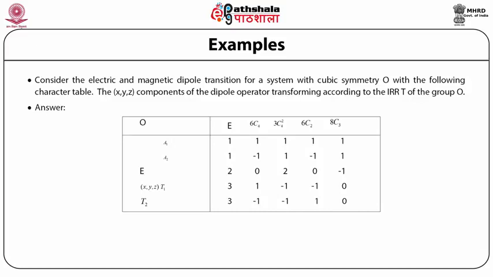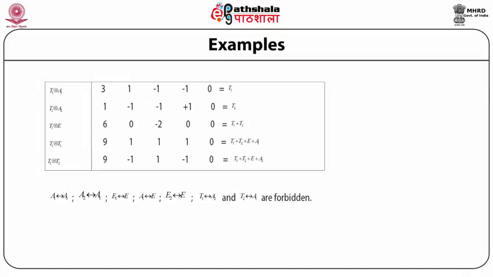The x, y, z components of the dipole operator transform according to the irreducible representation of the group O, namely the representation T1, whose characters are given in the table as 3, 1, -1, -1, and 0. So the dipole moment transforms like T1.